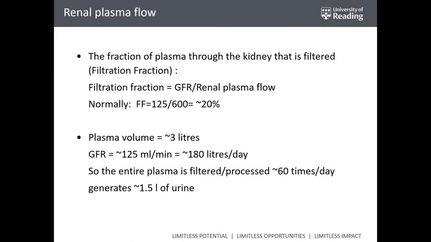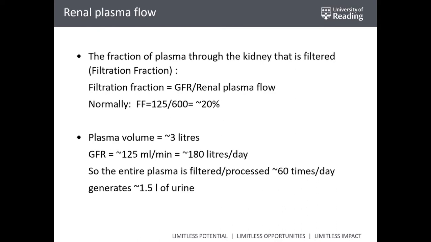The filtration fraction is the fraction of plasma through the kidney that is filtered. The filtration fraction is equal to the glomerular filtration rate divided by the renal plasma flow. In healthy organisms, the plasma volume is around 3 liters.